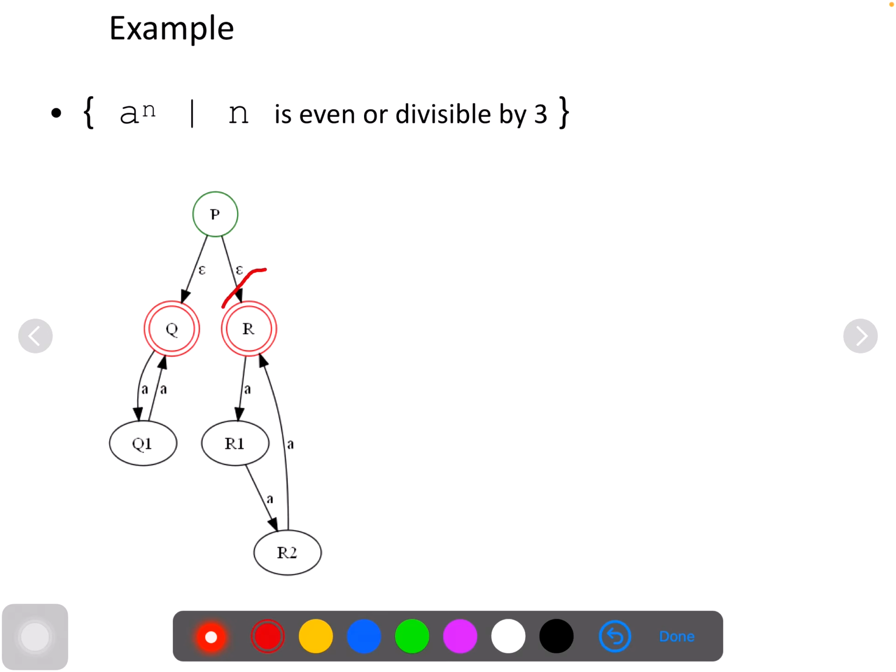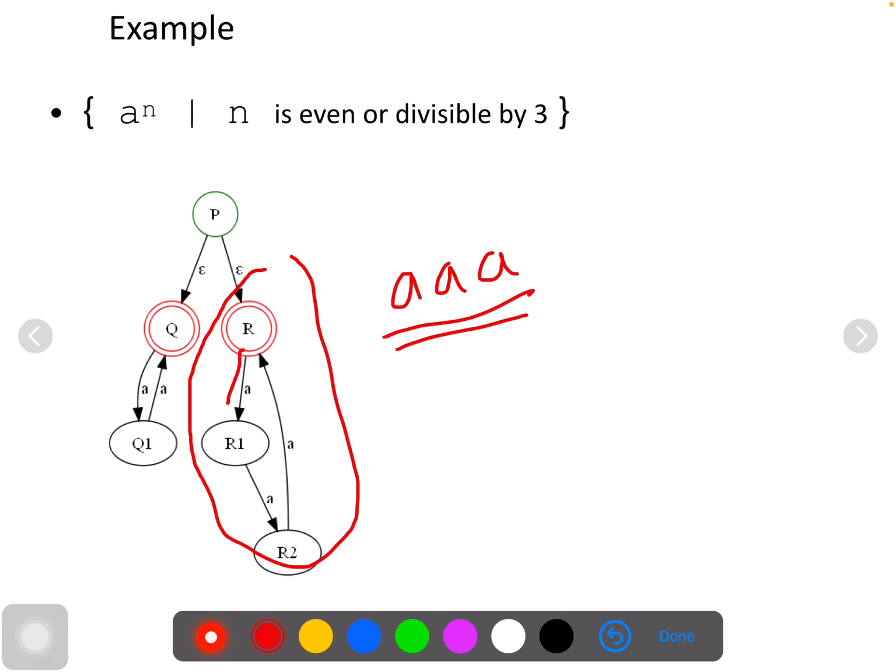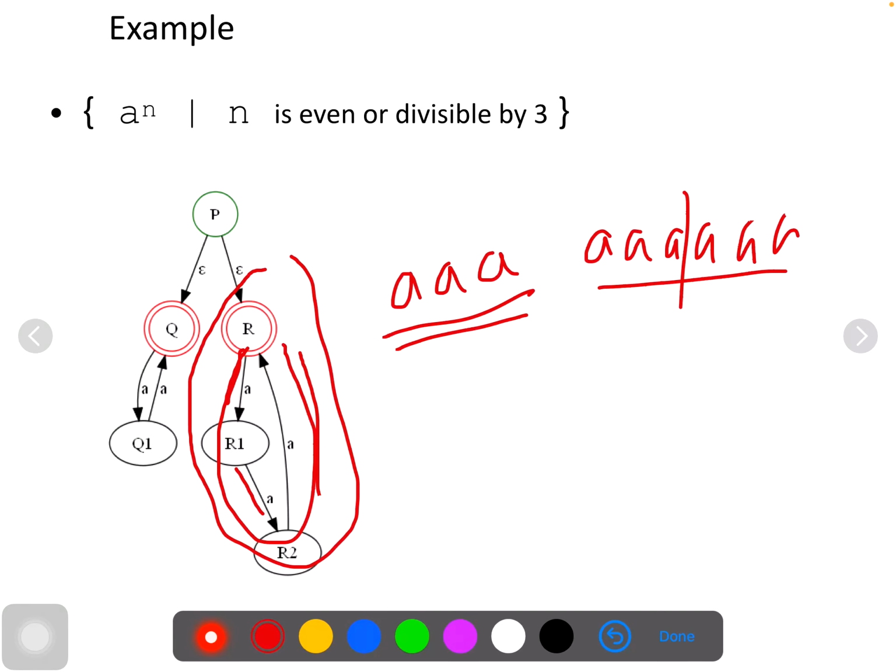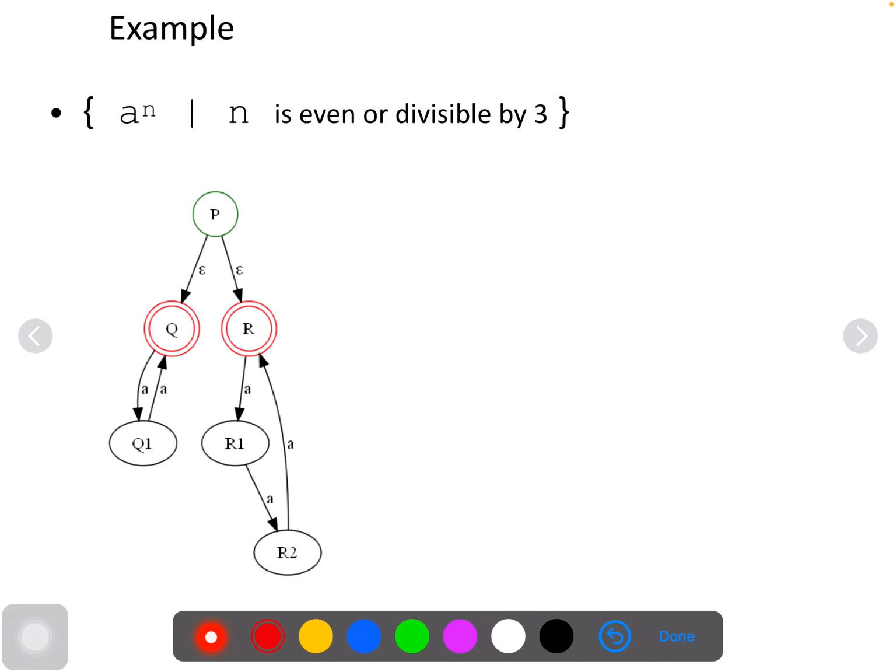Similarly, in this case, which is for divisible by 3, look at this. The minimum string is AAA, similarly it can be 6 A's. So first, 3 A's are accepted, and in the second row also 3 A's are accepted. So finally, when it reaches the final state, the string is accepted.